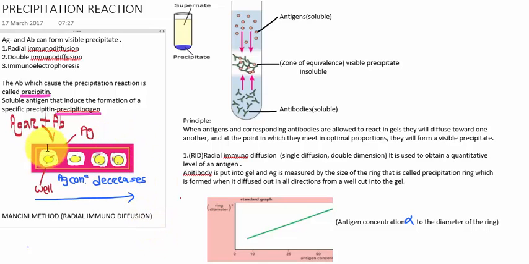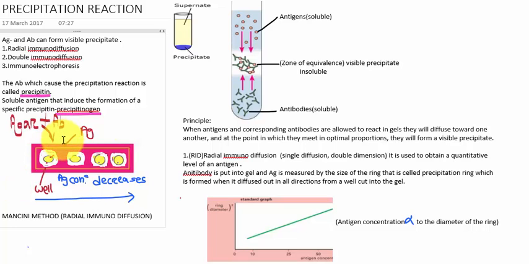So we need to pour the agar with the antibodies. So in the plate now, the agar with the antibodies, they spread in a homogeneous manner. Homogeneous means in the same concentration. In the plate, the antibodies are placed homogeneously. Then you mark the wells. This is the first well, this is the second well, this is third, and this is fourth. So we mark 4 wells, and in that well we need to pour the antigen solution.